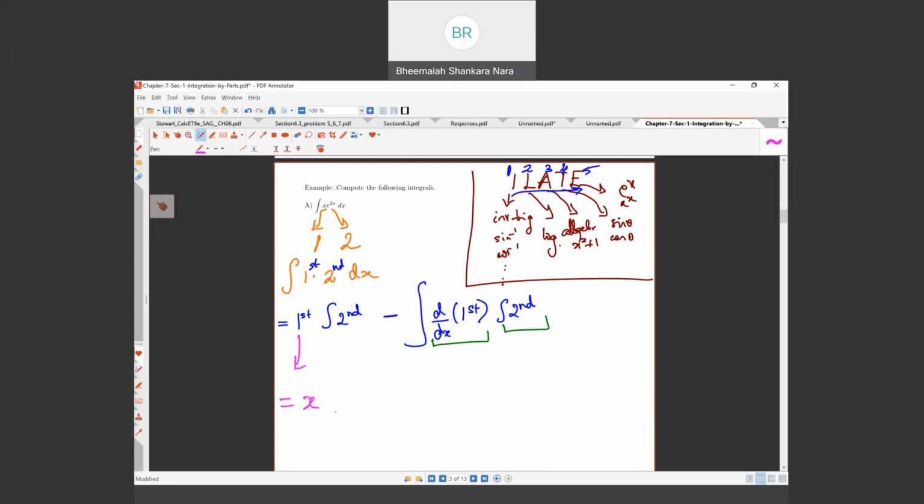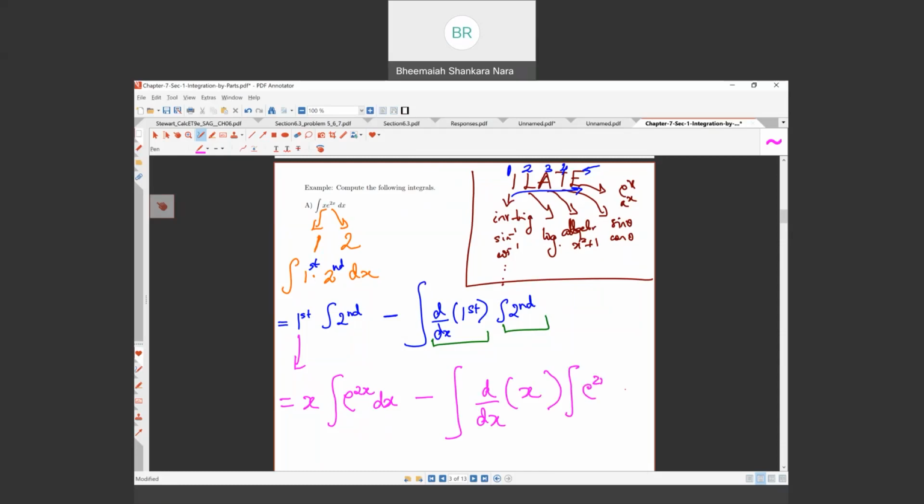The second function is e to the 2x. As soon as you write integral, you should write the variable of integration dx, minus an integral sign, d dx of the first function. The first function here is x, so write it as x. And then integral of the second function, so write e to the 2x dx.